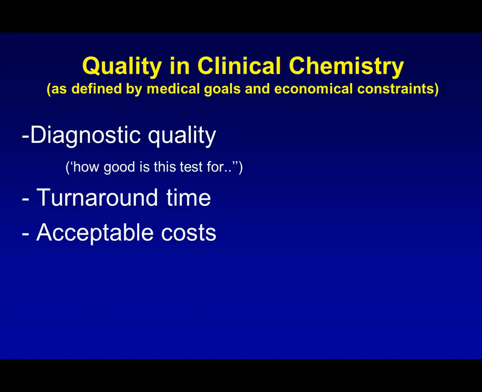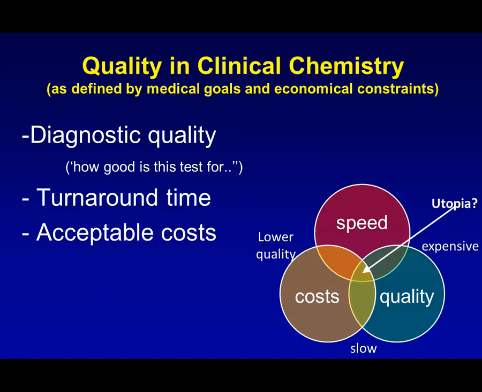So this means within an hour after the blood sampling, the results are given. It should be noted that quick and good clinical chemistry tests are quite expensive, and in this period of limited resources for healthcare, the cost should be acceptable.